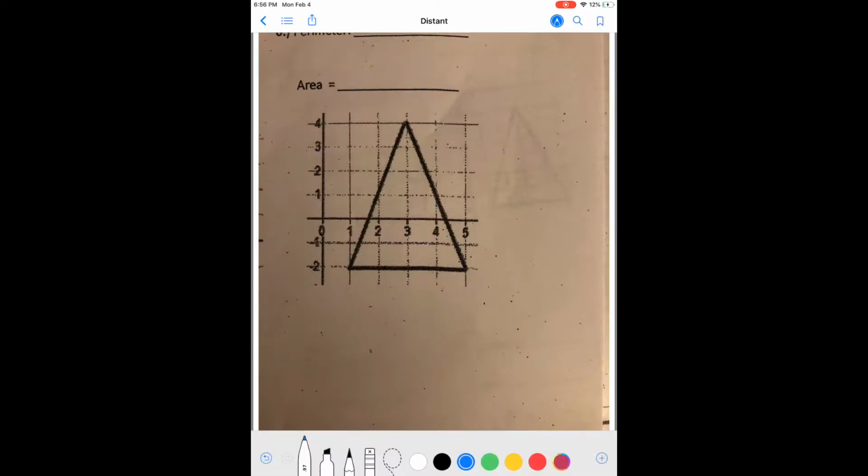So we're going to come in here and we're going to identify our vertices or our points at the end of our lines or our intersections of our lines. So here's our green and here's a yellow.